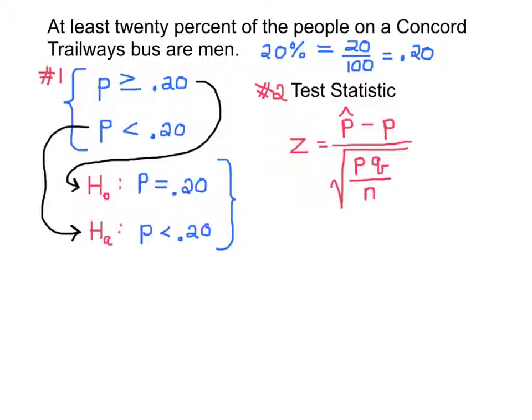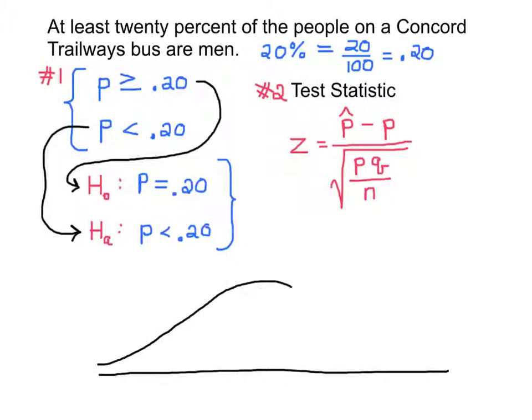In the third part, we're going to use the information that we have about our normally distributed population. So here's our normally distributed population, and here's our mean, median, and mode right here.